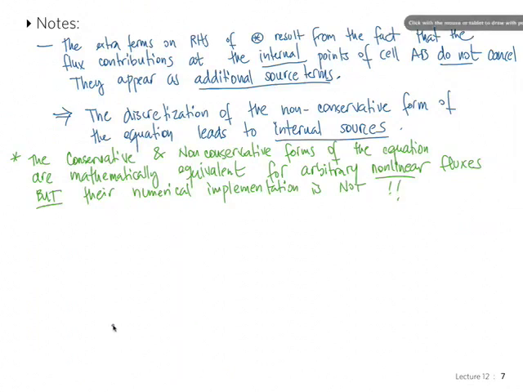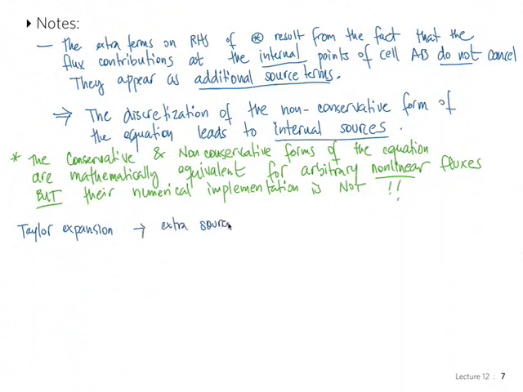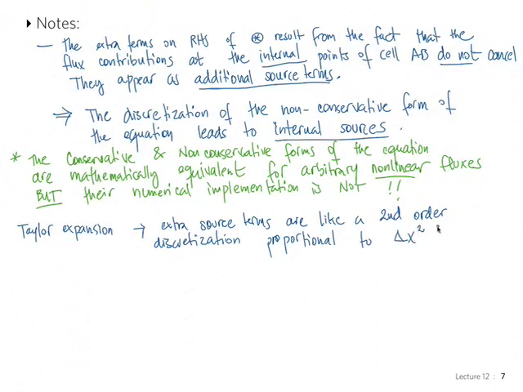Now, if we look at those extra source terms, we can do a Taylor expansion and see that the extra source terms can be considered like a second order discretization proportional to delta x squared multiplying Ax, where subscript x represents the derivative, Ax multiplied by ux, and all of this again a derivative with respect to x.